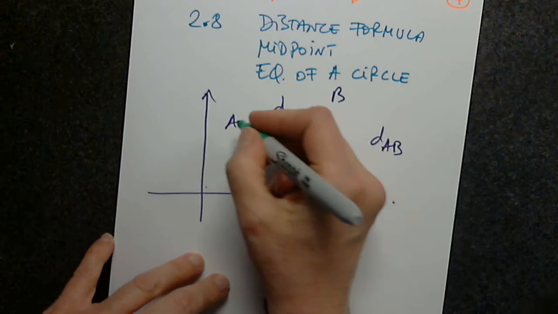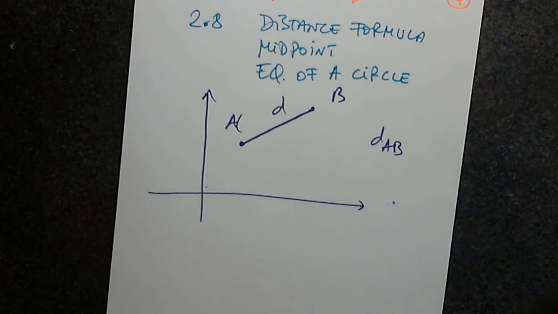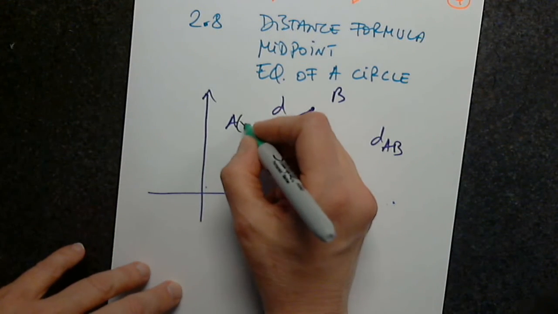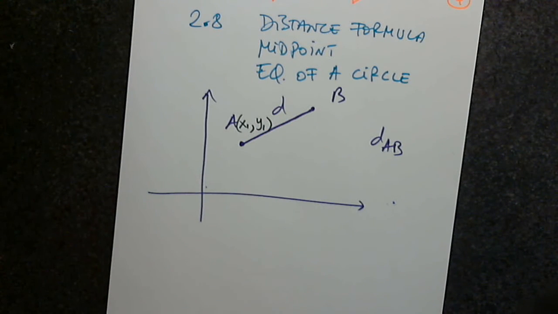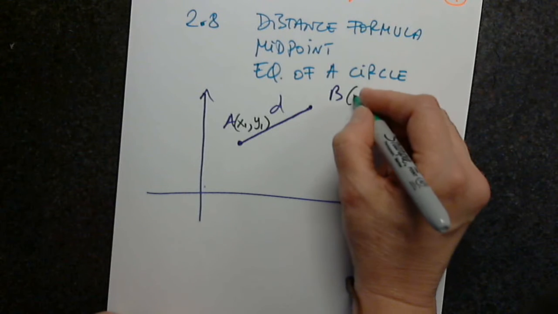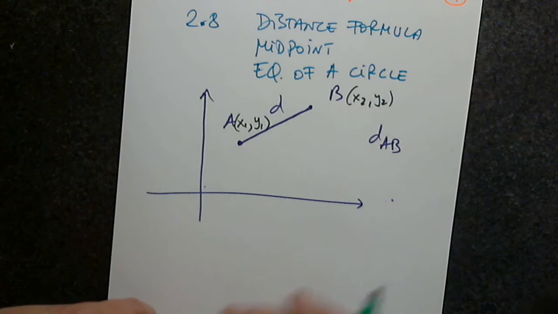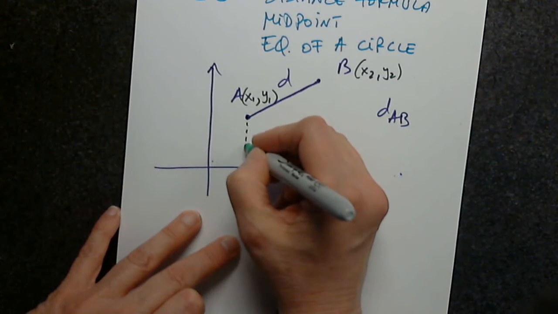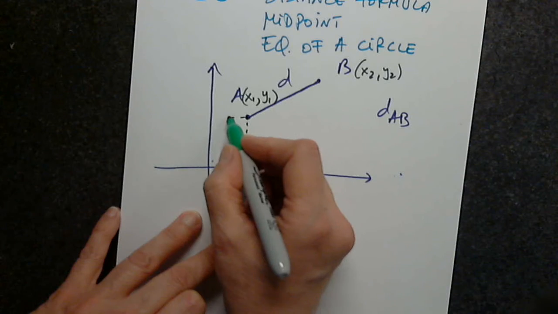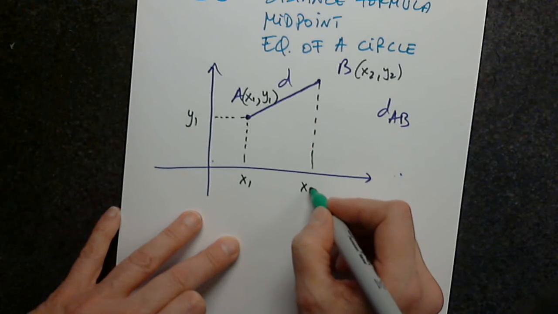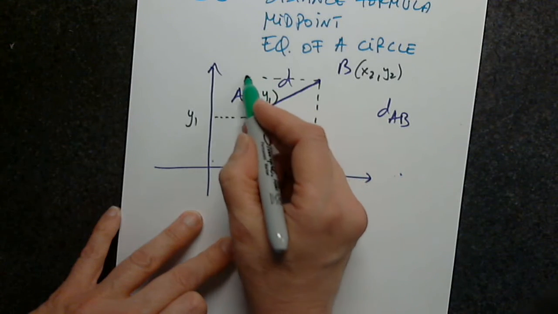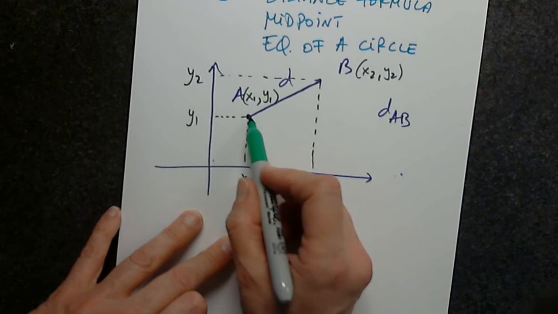I can't plot point A without having coordinates, so I'm going to say x1, y1 are coordinates of the first point, and x2, y2 are the coordinates of the second point. Well, obviously, this must be x1, this must be y1, this must be x2, and this must be y2.